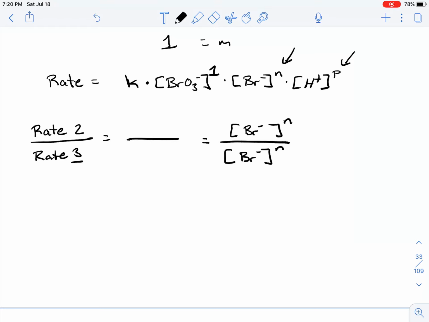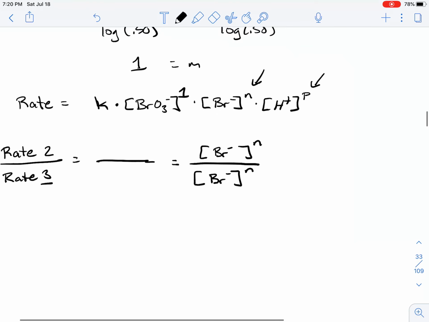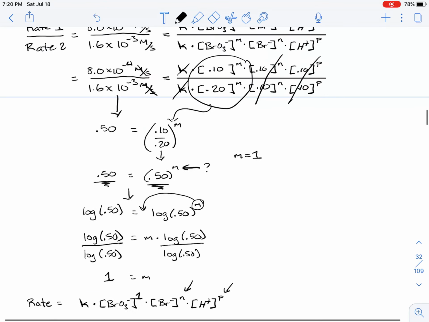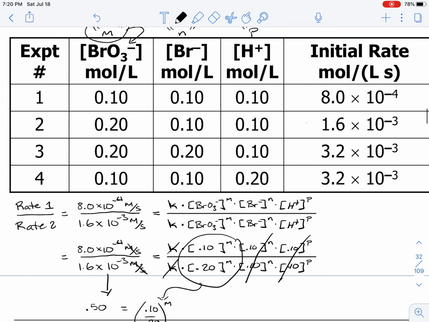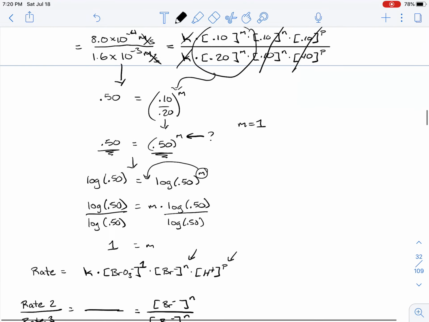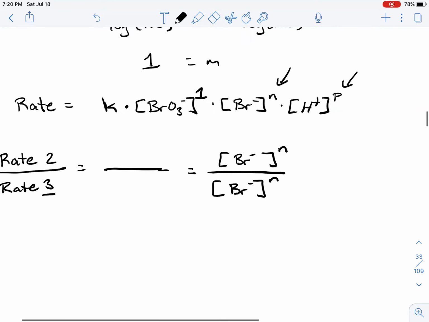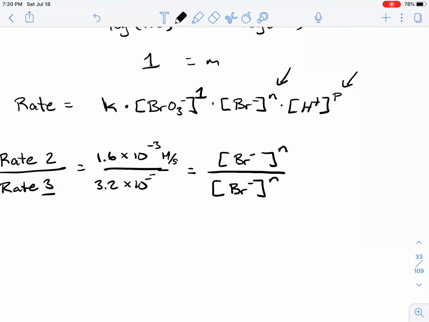And so all we have to do now is just plug in the initial rates and plug in the concentrations. So the rate for experiment 2 is going to be 1.6 and 3.2 times 10 to the negative 3 for experiment 3. Okay.